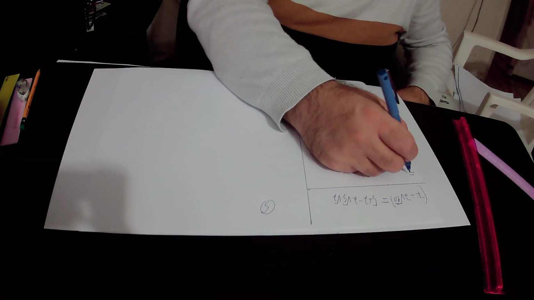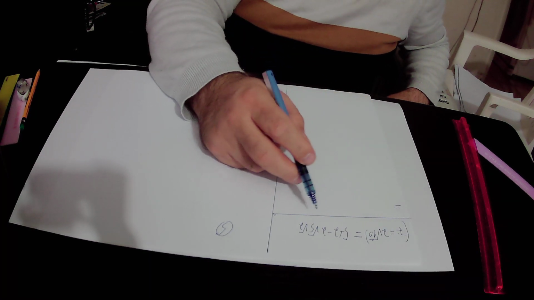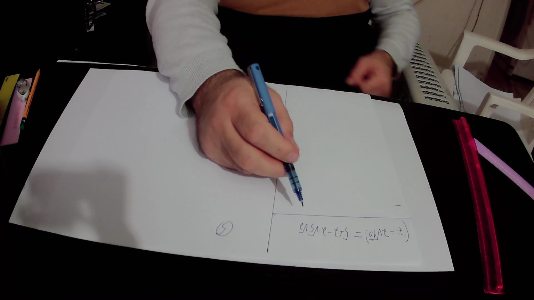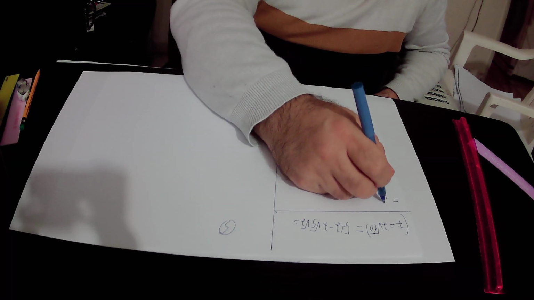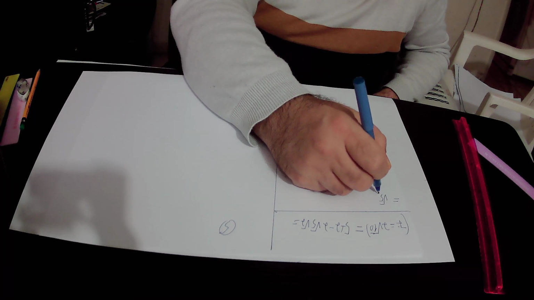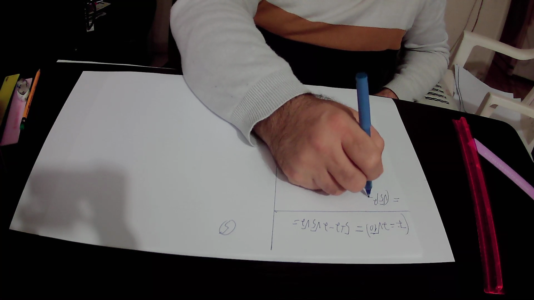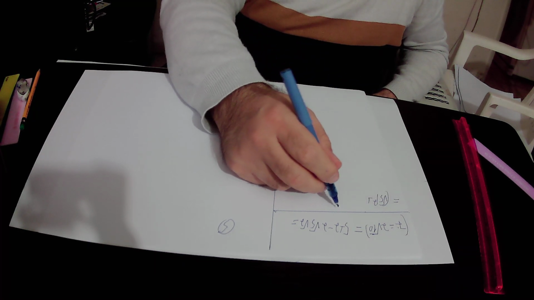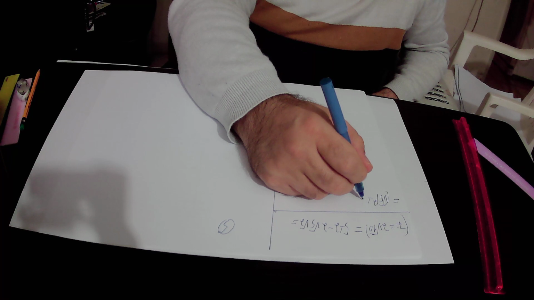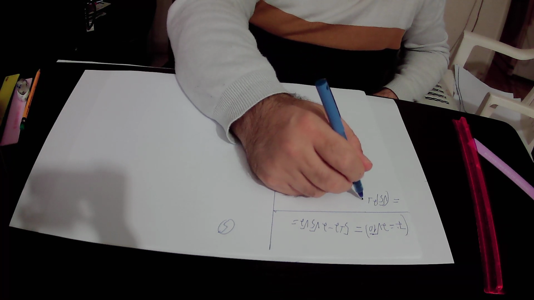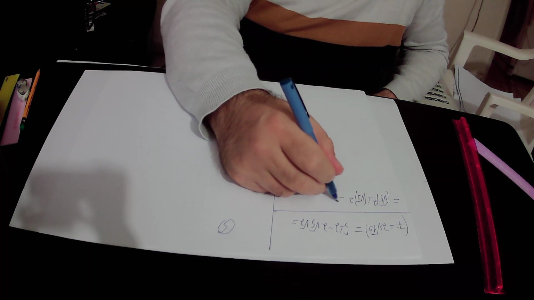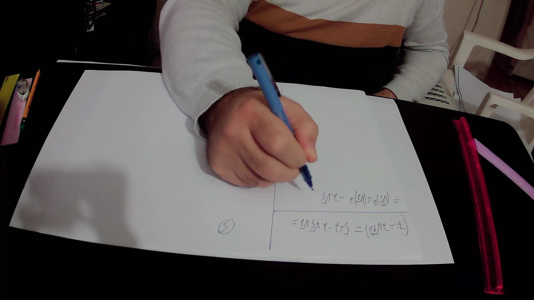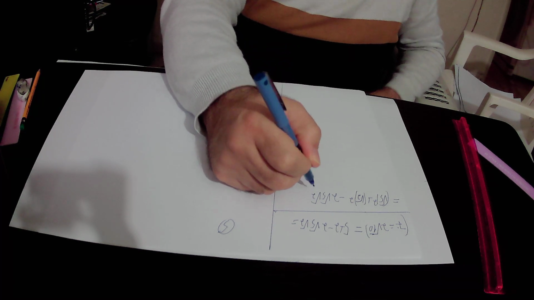And here we have 5 plus 2 minus 2 times square root of 5 times square root of 2. Here we'll substitute 5 by square root of 5 squared, because 5 equals square root of 5 squared. And we'll substitute 2 by square root of 2 squared. Square root of 2 squared is 2. Minus 2 times square root of 5 times square root of 2.